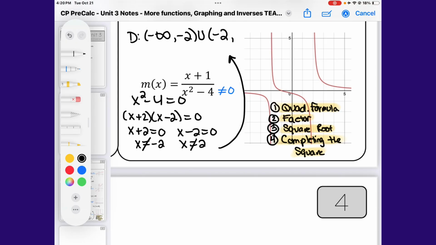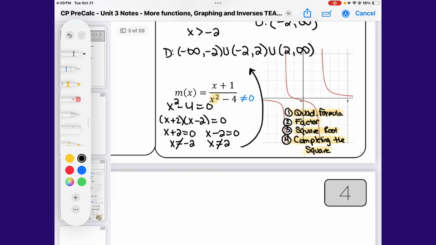But then we can include the number right after negative 2 to 2. And then from 2 to infinity. So that domain is saying every number from negative infinity to infinity except for those 2 values. And those 2 values, if you would plug it in here for x, 2 squared minus 4, that would give you 0, not allowed. Negative 2 squared minus 4 would also give you 0, also not allowed.